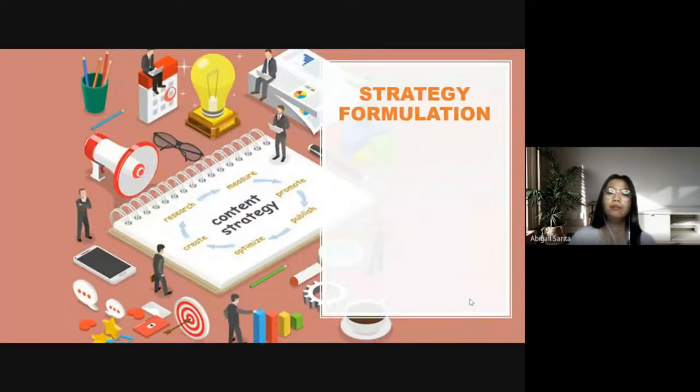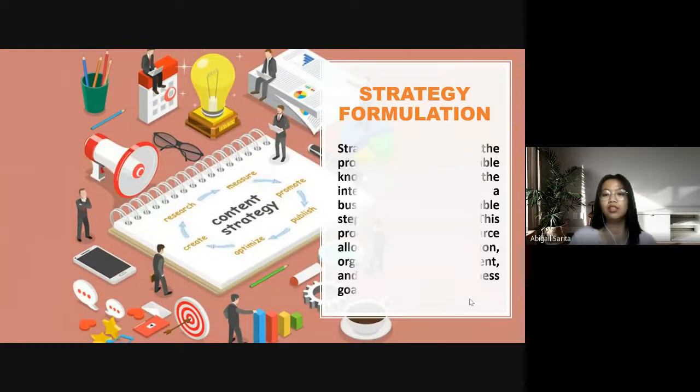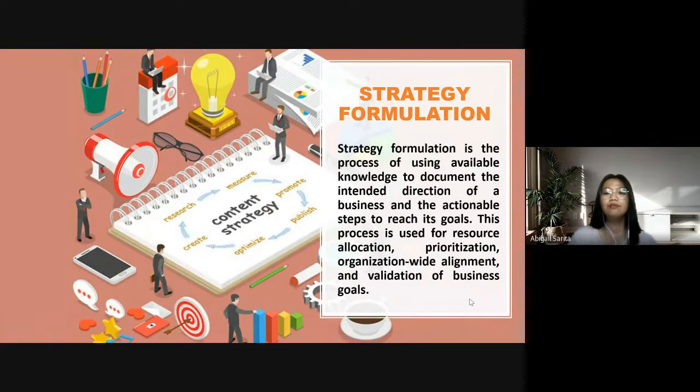But first, let's define strategy formulation. Strategy formulation is the process of using available knowledge to document the intended direction of a business and the actionable steps to reach its goals. This process is used for resource allocation, prioritization, organization-wide alignment, and validation of business goals.